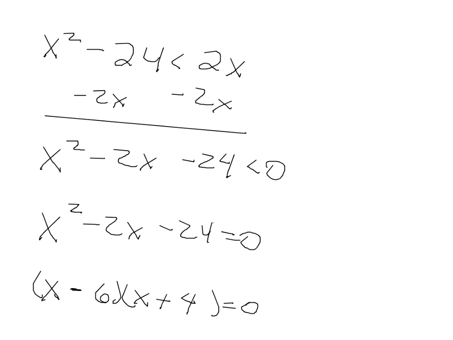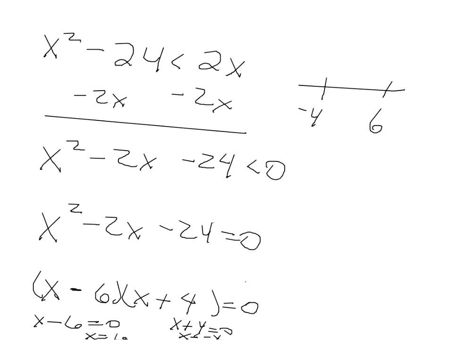So for my two x-intercepts, I take each one. x minus 6 equals 0, so x is equal to 6. x plus 4 equals 0, so x equals minus 4. So my two x-intercepts are minus 4 and 6.